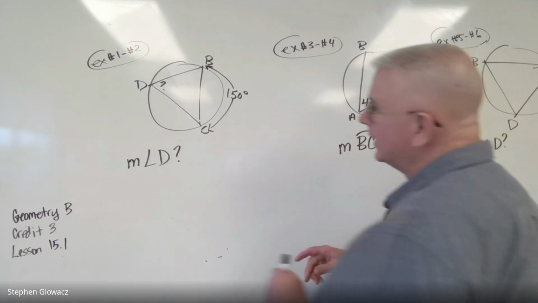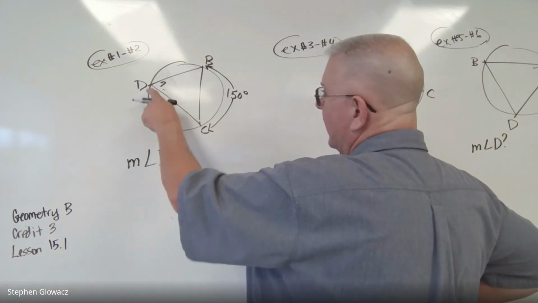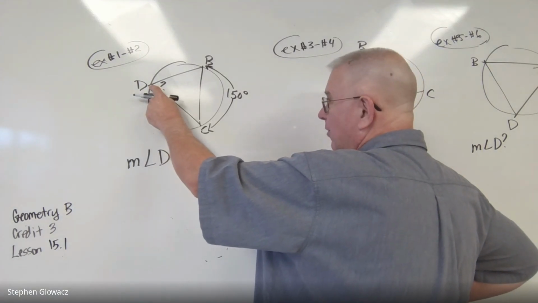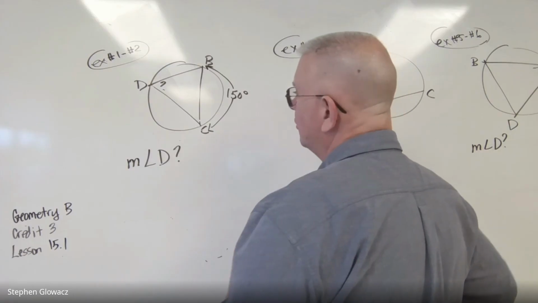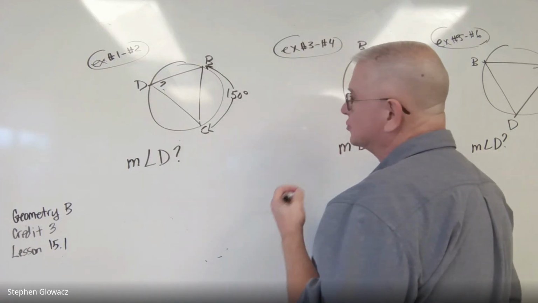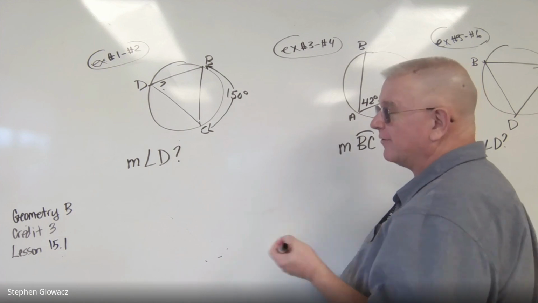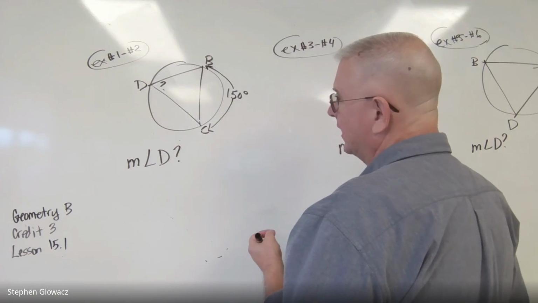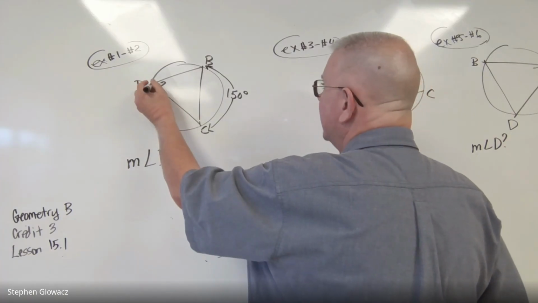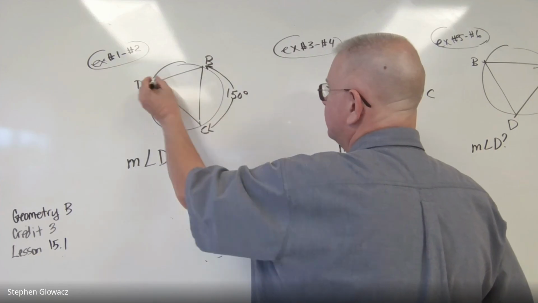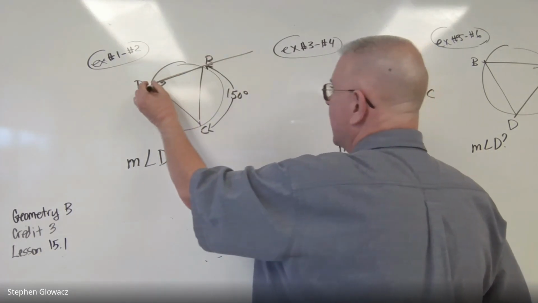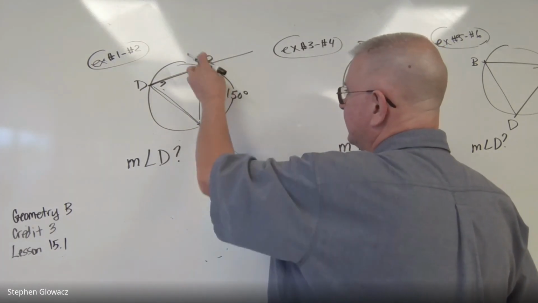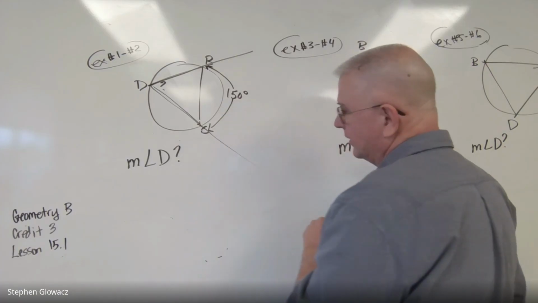Well, as we said, this is an inscribed triangle. Angle D, therefore, is an inscribed angle. One of the rules that we're going to learn right now is that the measure of an inscribed angle is equal to 1/2 of the arc that it intercepts. If we extend the sides of the angle, we can see that it's intercepting this arc, which we know is 150 degrees.